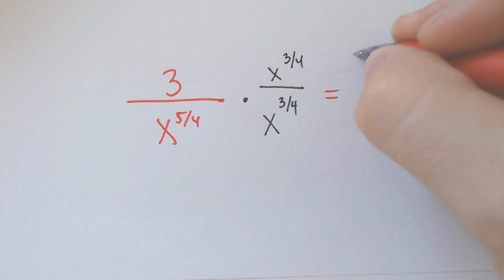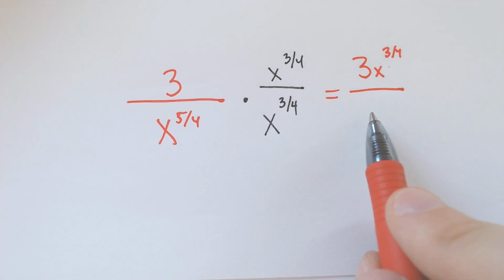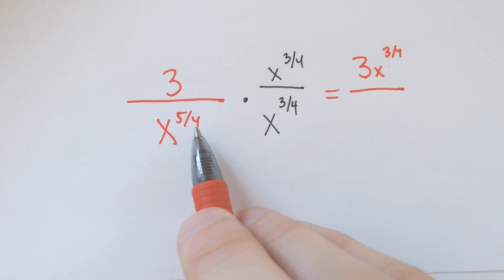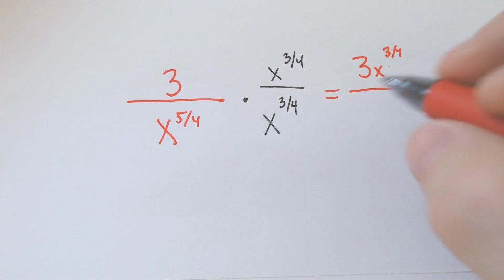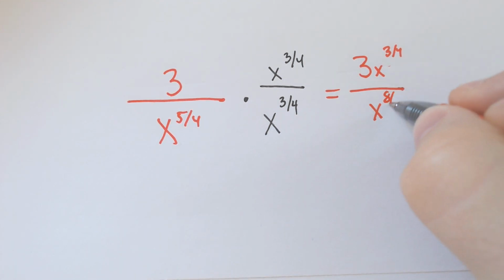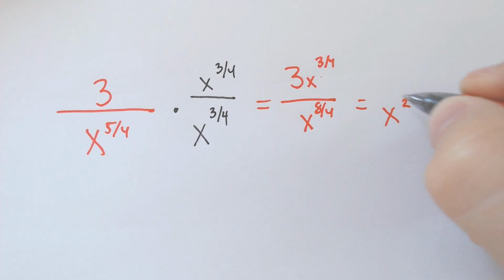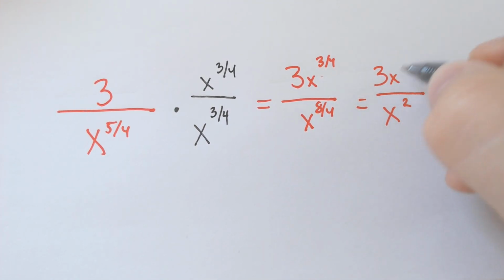It is going to produce 3x to the 3/4. And here we'd have 5/4 plus 3/4. If we add those together, we end up with 8/4. And 8/4 is just x squared. 3x to the 3/4 over x squared, which presents a different dilemma.